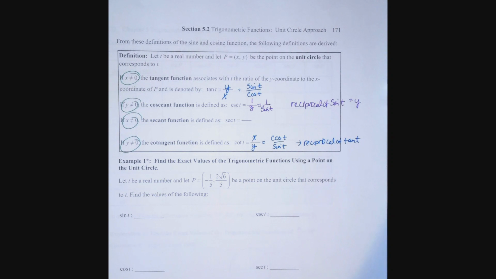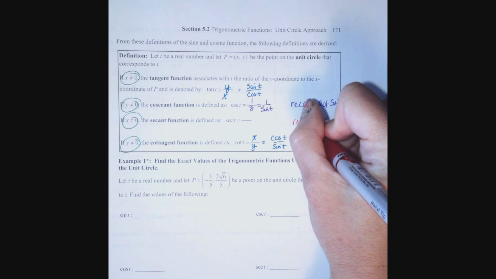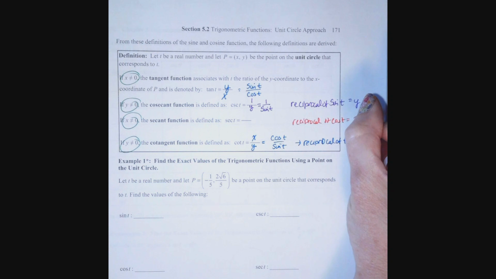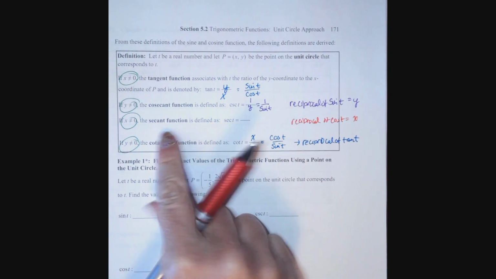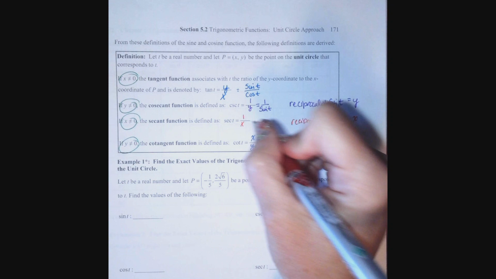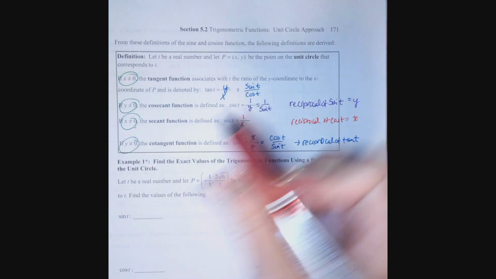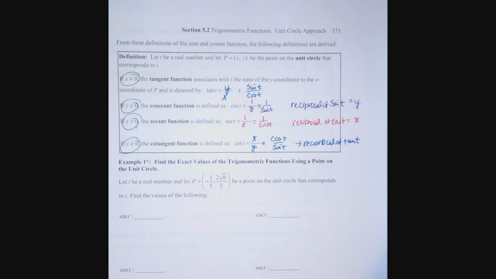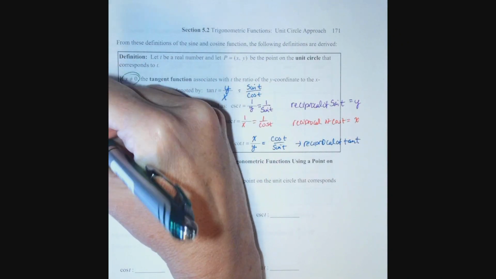And then finally, secant is the reciprocal function of cosine, which is x. So secant is going to be defined as 1 over x. Therefore, it's undefined where x is 0, which is the same thing as 1 over cosine t. So we have 3 pairs of reciprocal functions. Tangent and cotangent are reciprocals.